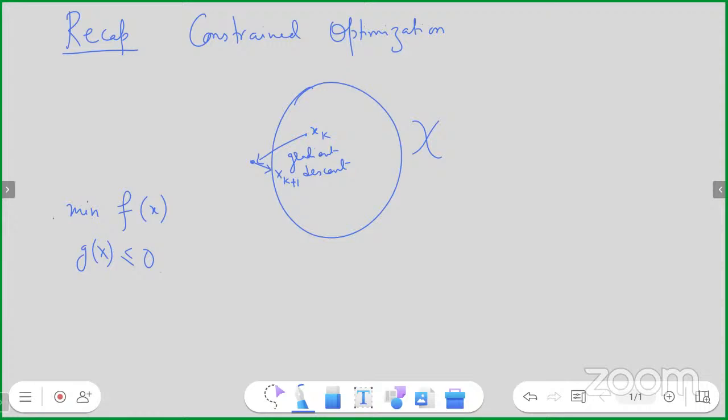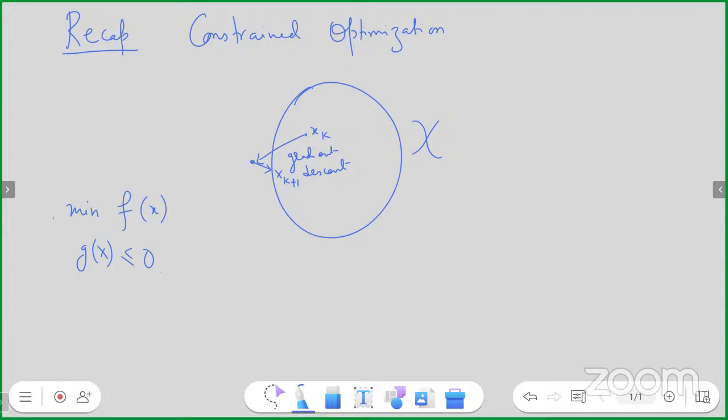You have done that. You can look at the indicator set, multiplying f with the indicator. But that's in some sense impractical. That's essentially rewriting the problem, not really solving it. I could always rewrite it as f of x plus the indicator of g of x less than or equal to 0.